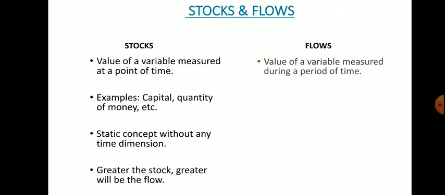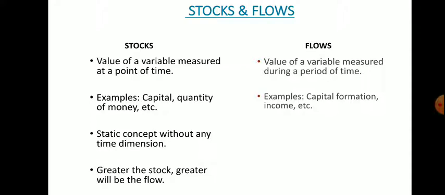As I gave the example in case of stock, that on 30th April 2021, what is the COVID case count right now. In case of a flow variable, the example will be like this: from January 2021 till now, what are the COVID cases. So if you want to see the trend.